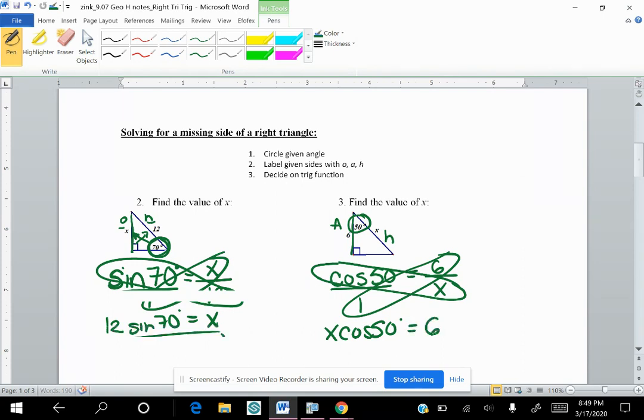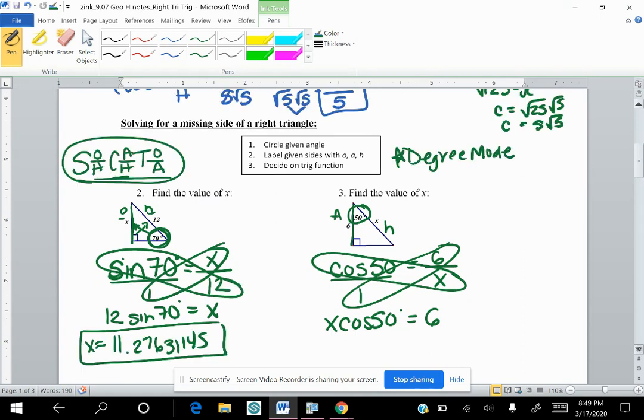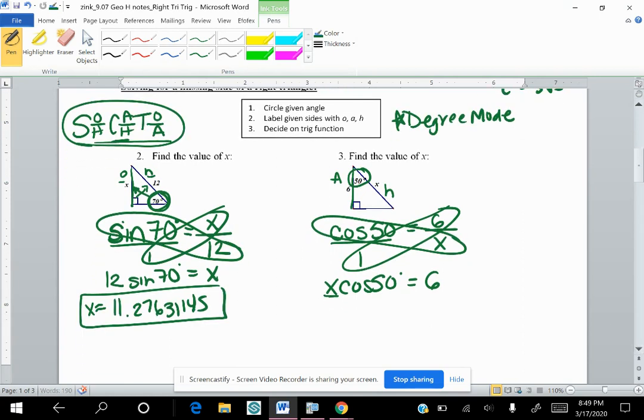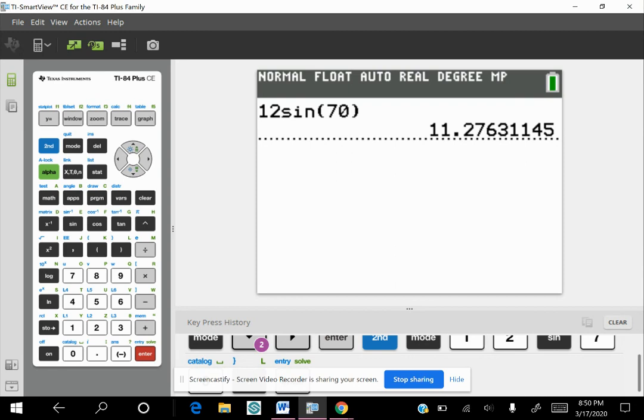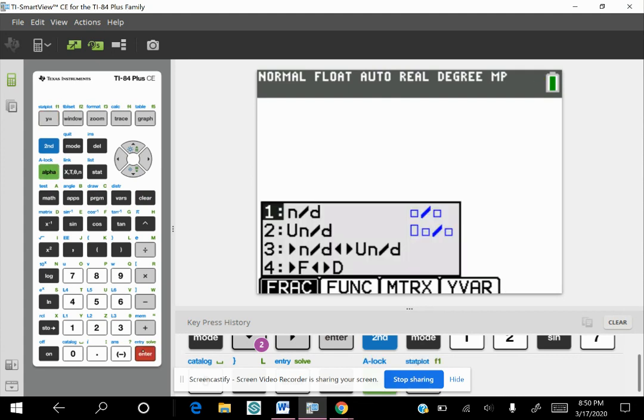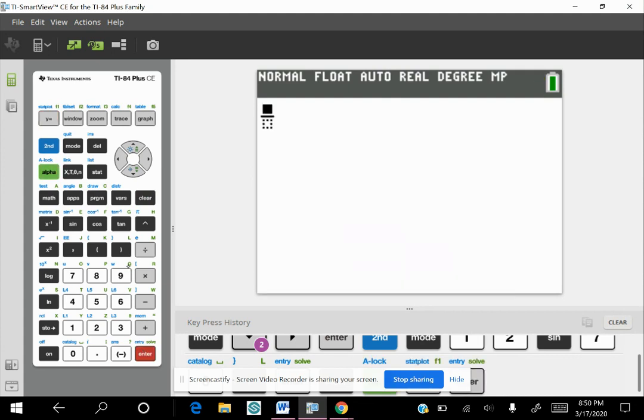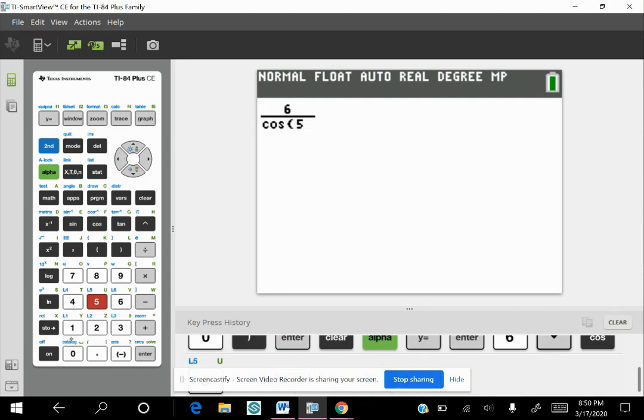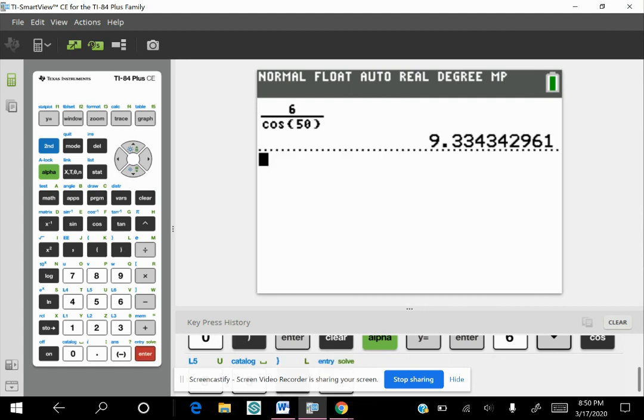The x comes first. Now this one's a little bit different because we need to solve for x. So we need to get rid of this cosine of 50. Since they're being multiplied, we're just going to divide both sides by cosine of 50. And you're going to go to your calculator. What I would recommend doing here is using alpha y equals, make it a fraction, and then do 6 over cosine of 50, and then hit enter.